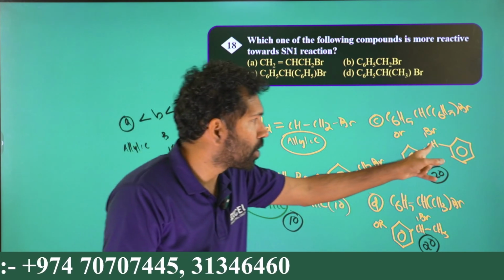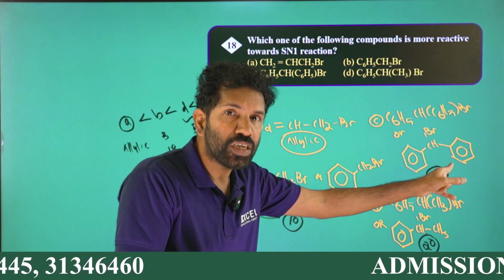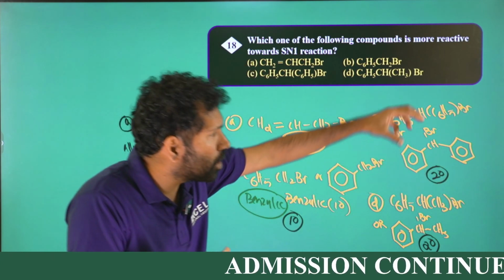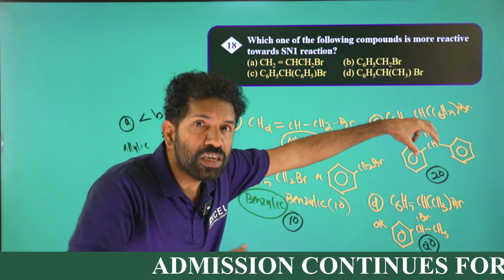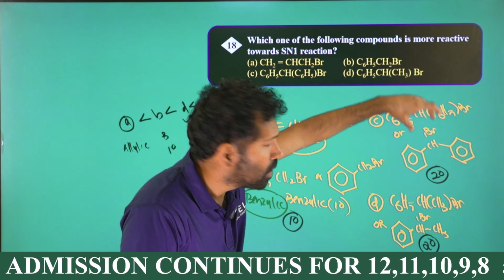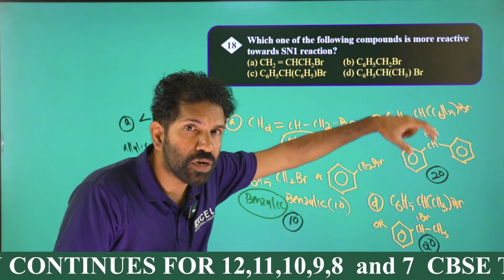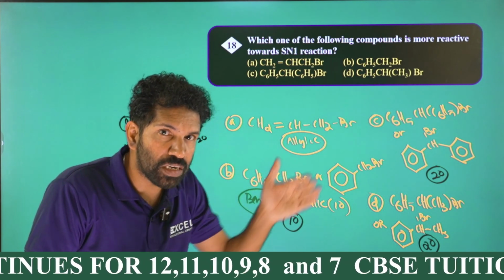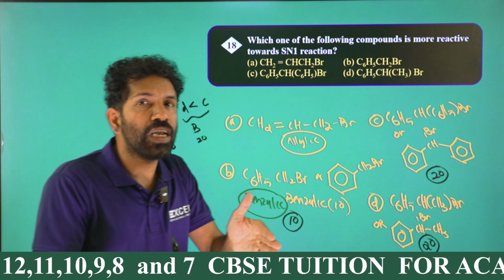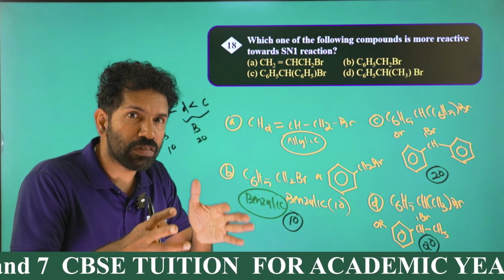So the carbocation formed by this secondary halide is more stabilized by resonance. So in benzyl halides, if you have more benzene rings, that particular halide will be more reactive in SN1. Keep it in your mind, it is very, very important.